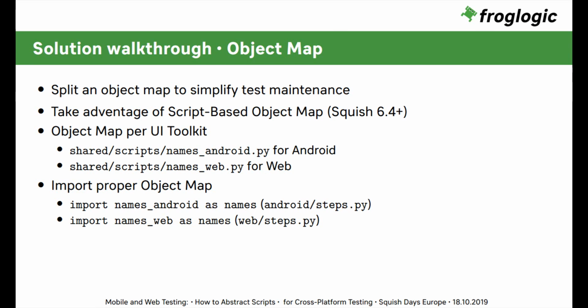We would like to avoid having objects from different frontends mixed up in a single object map. The idea is to create an object map for each toolkit: names_android.py for the Android frontend and names_web.py for the web frontend. Then, in the step definitions file, we will import the proper object map.